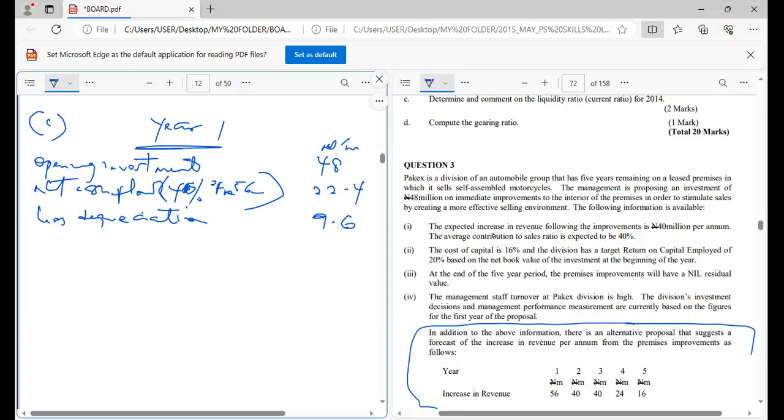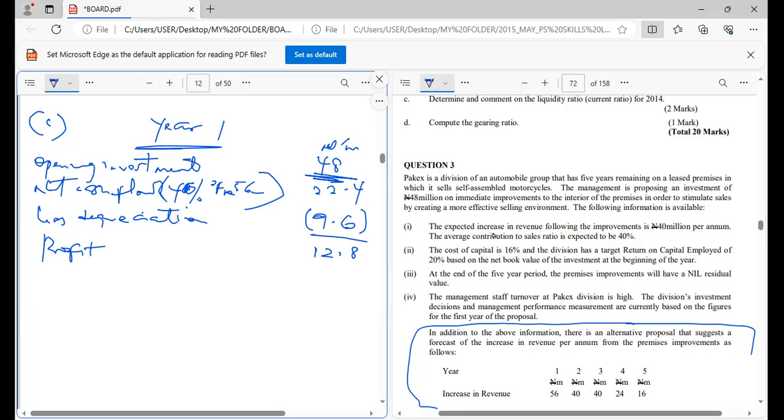Yes. So, taking this into consideration, 22.4 minus 9.6. You don't have anything to do with the 48 million here. That gives us 12.8 million.